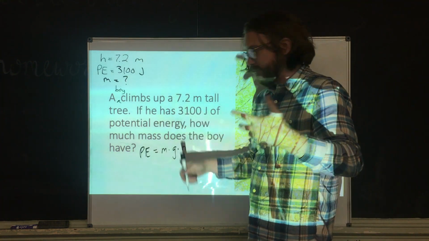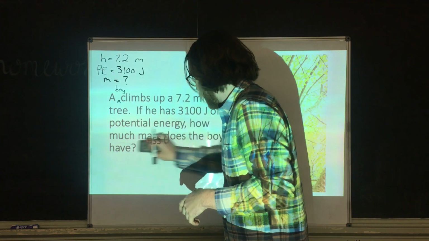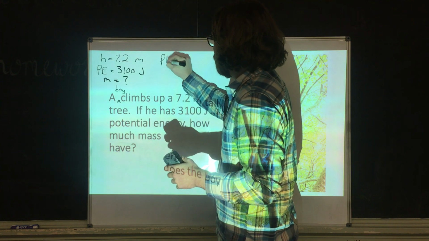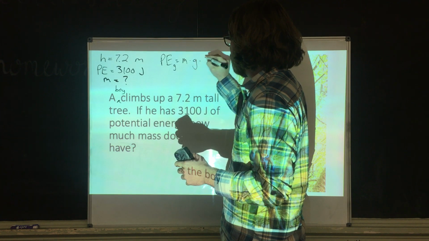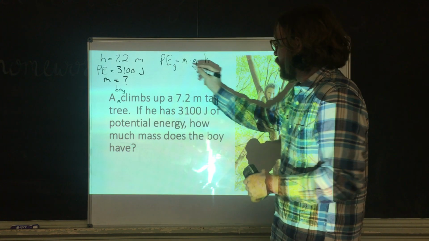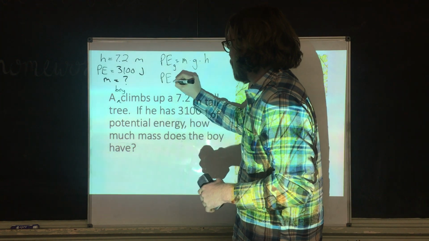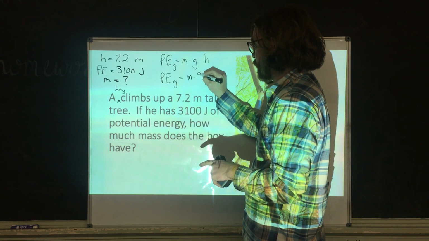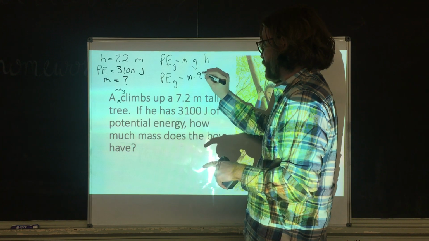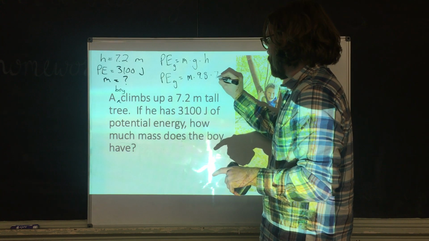We can plug our numbers in. Potential energy due to gravity is equal to mass times the acceleration due to gravity times height. So the potential energy here is equal to the mass, which we don't know, times little g, which is 9.8, always, times the height, which is 7.2.